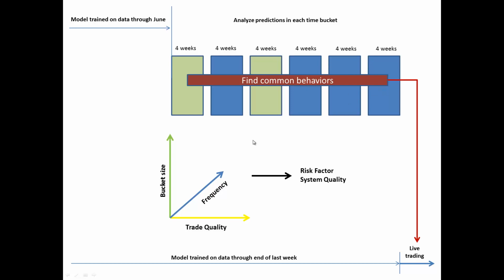There are two concerns with this approach, even though it generated some positive results for oil in December. The first concern is that I'm making predictions off the model trained through June, so that model is getting older and older as I run this simulation forward through time. So model degradation is a concern.